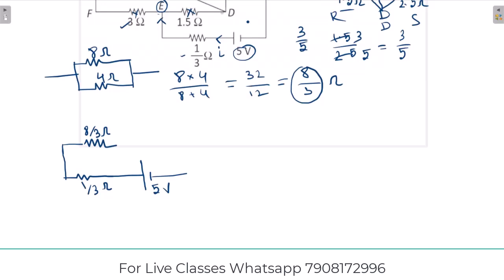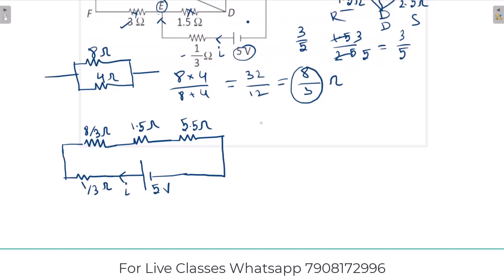After E, the current goes through 1.5 ohm and 5.5 ohm, and comes to the negative end of the battery. Let's say I is the current flowing in this circuit.